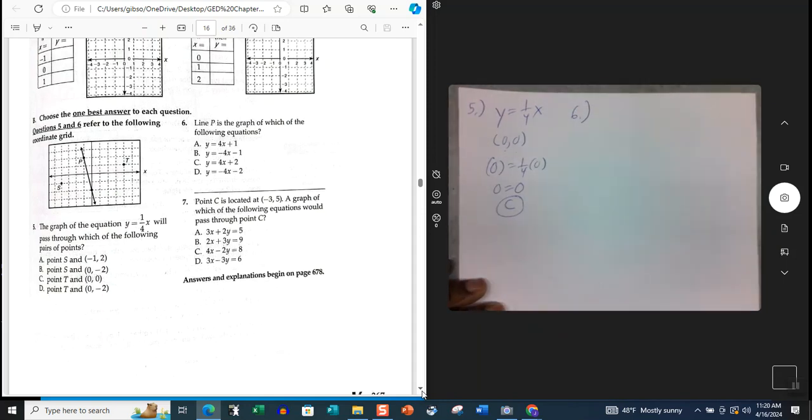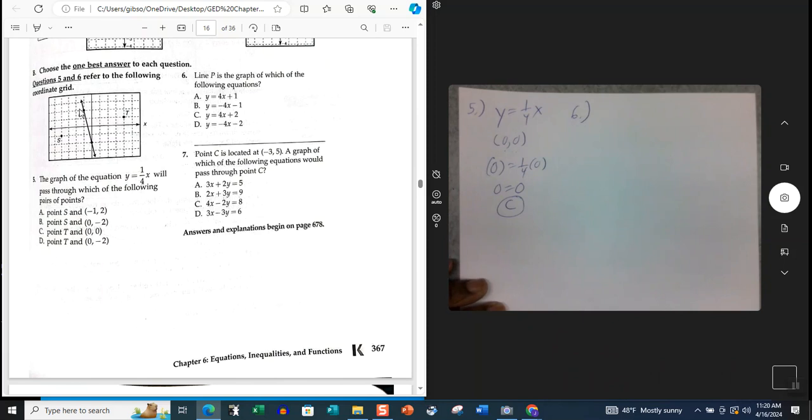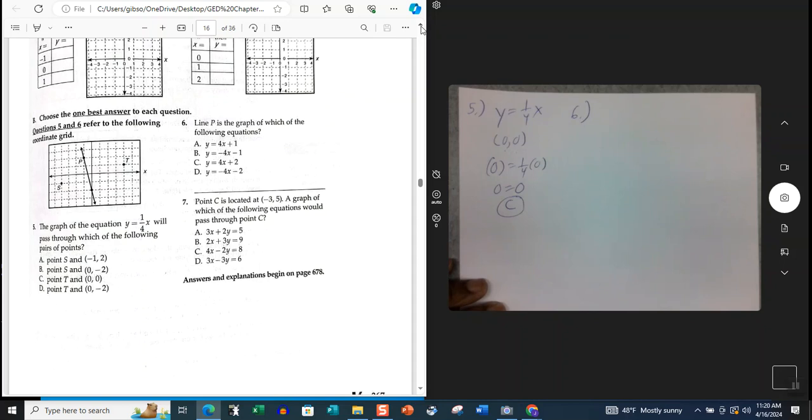So number 6, it says line P, which we see here, is the graph of which of the following equations. So we could take one point off of line P and then see if it works here. So let's just take this point here. This would be -1, and then we'll go up 2.